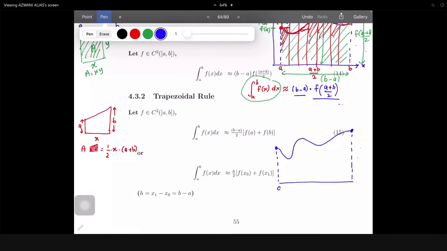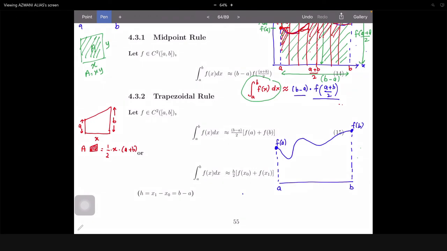This is A, this is B. So for this point, the value here is f(A) and the value here is f(B). Okay.